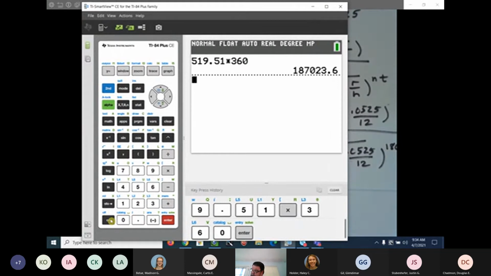So 519.51 times 360 payments is equal to $187,023.60. So basically, you paid $187,000 for a $90,000 loan.